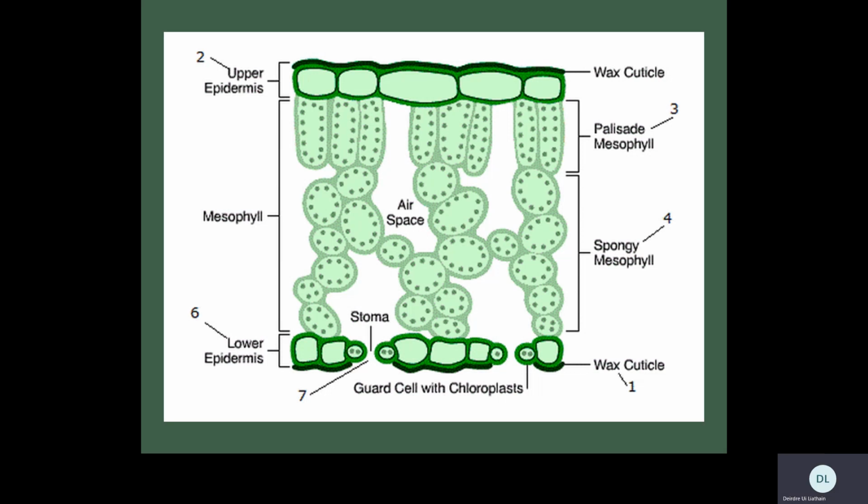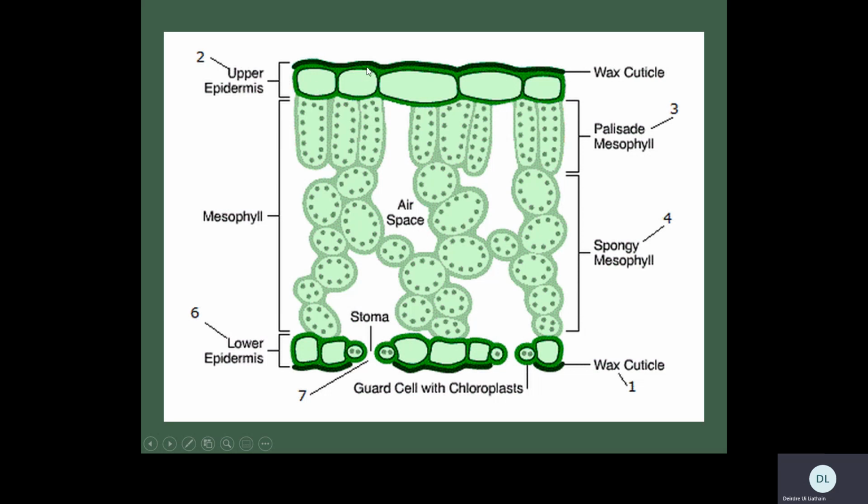Right, so then that brings us on to the structure of the leaf. So how is it adapted, or how is it special in order to allow it to do photosynthesis? Well, let's start at the top of the leaf here. The leaf has a thing up here called a cuticle, and that cuticle stops the leaf from losing too much water.